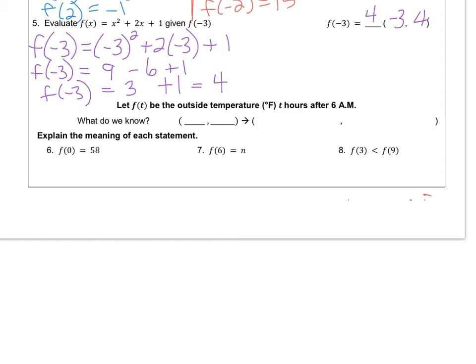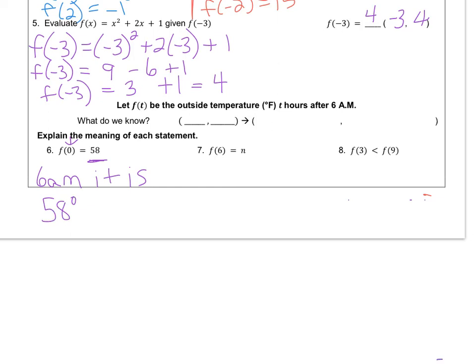So what we're doing is explaining the meaning of each one of these statements. So if we look at number 6, we're saying we want to know the outside temperature, which is 58. So our outside temperature is 0 hours after 6 a.m. So what that means is at 6 a.m., it is 58 degrees outside.